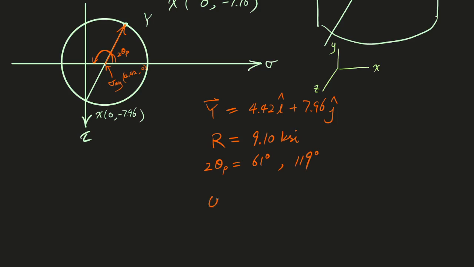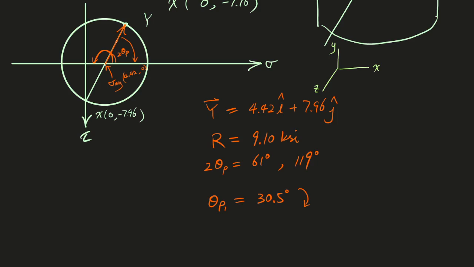Okay, now let's divide that by 2 and figure out which direction I should be rotating. So I have 61 degrees divided by 2, that's 30.5 degrees. In order to get from my orange vector to the x-axis, I can rotate in the clockwise direction. So I'm just going to draw a clockwise symbol over here.